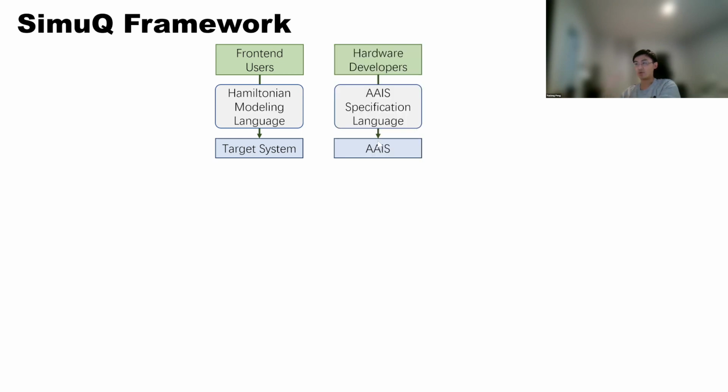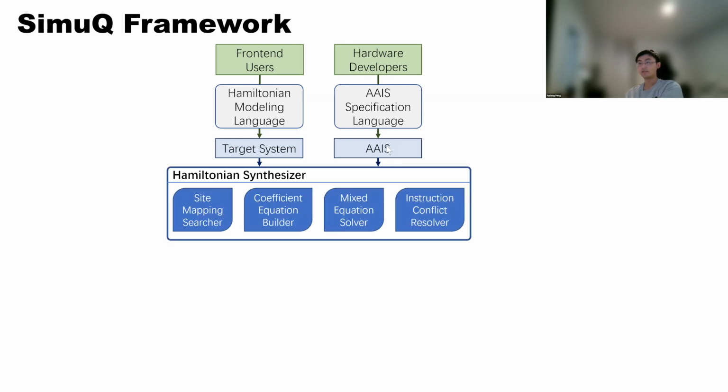And we ask the hardware developers to learn the AAIS specification language and to design and program an AAIS for their hardware to capture the capability of the hardware. Then we send the target system and AAIS to the Hamiltonian synthesizer to synthesize the schedule that maps the target system to the hardware.